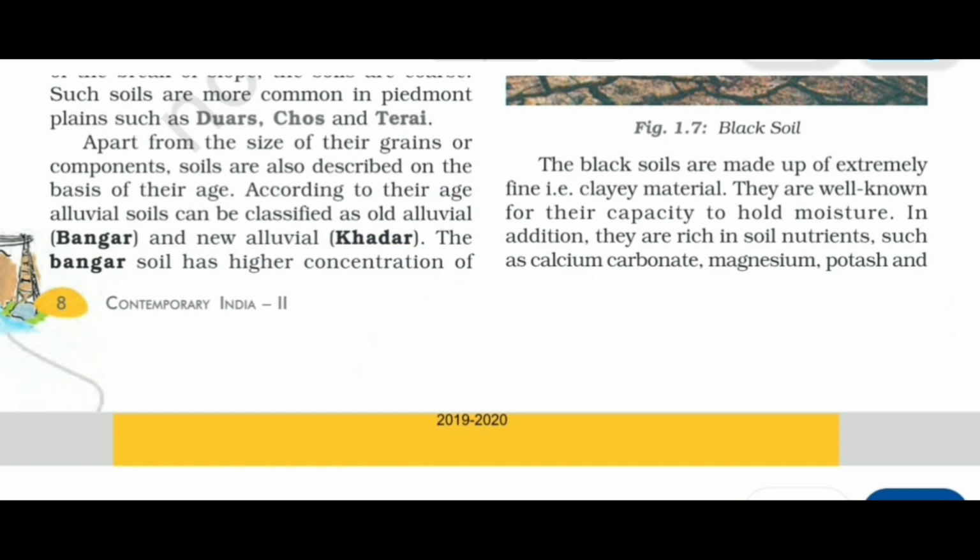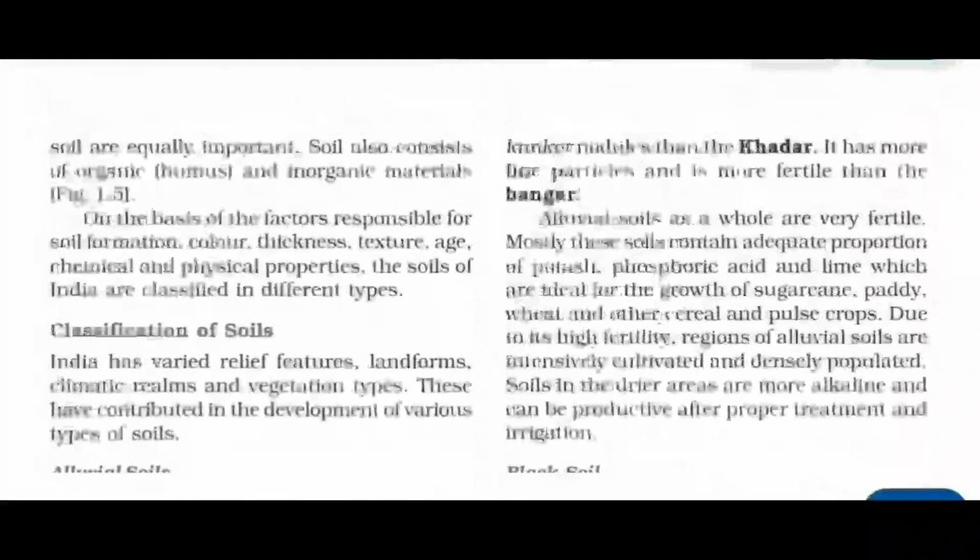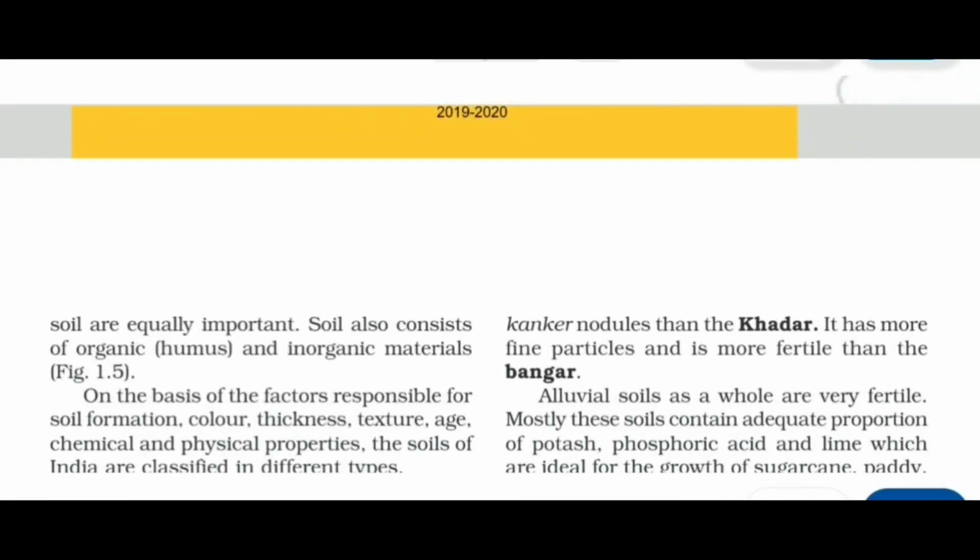Okay. Now let's go to the next. Now the difference: what is the difference between Bhangar soil and Khadar soil, or old alluvial and new alluvial? Differentiate, okay? The Bhangar soil has a higher concentration of kankar nodules than the Khadar.